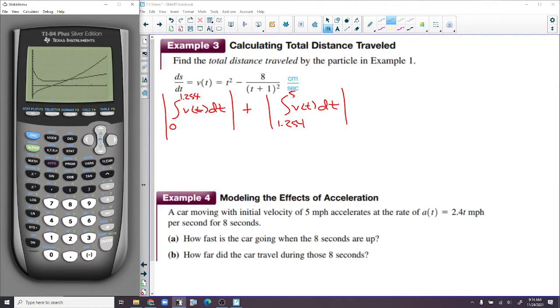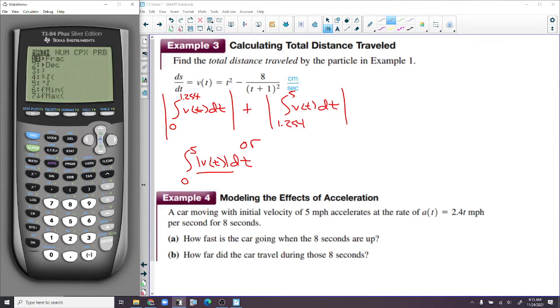And we could do this individually. Or, if you're allowed to use a calculator, I certainly wouldn't do this. I would just integrate from 0 to 5 of the absolute value of v of t. And what that does is any negative y values we have for v, those become positive, and all that negative area becomes positive.